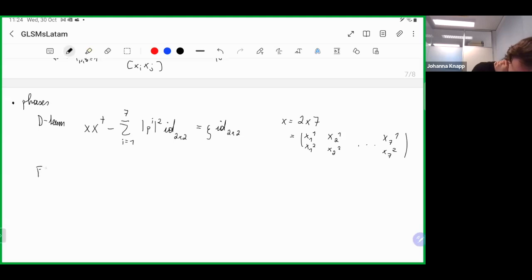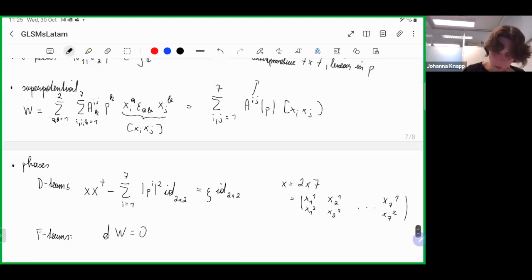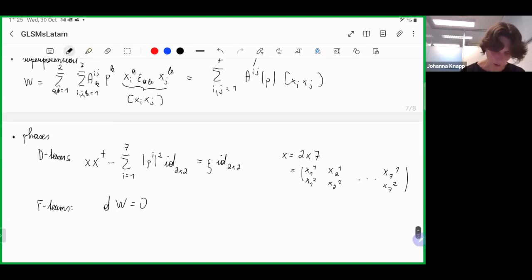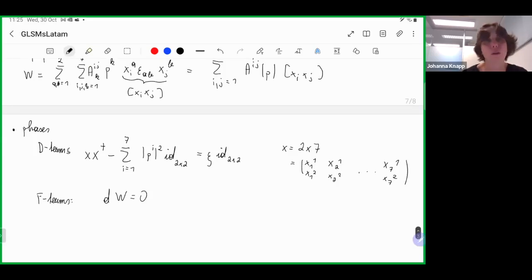And I will not write down the F terms because it's a mess. So what you have to do is take the superpotential and take derivative with respect to each and all of the fields. So this is a lot of equations, and it's just taking derivatives, so I'm not going to write this down explicitly.